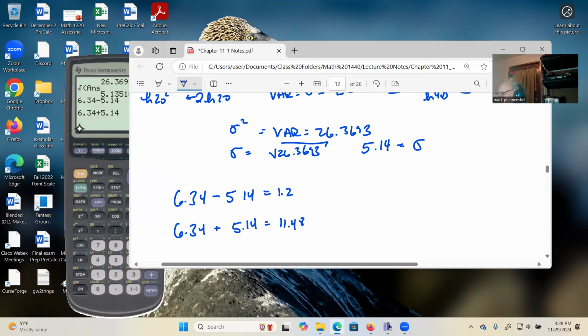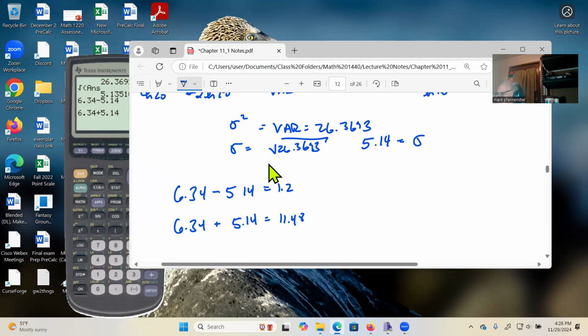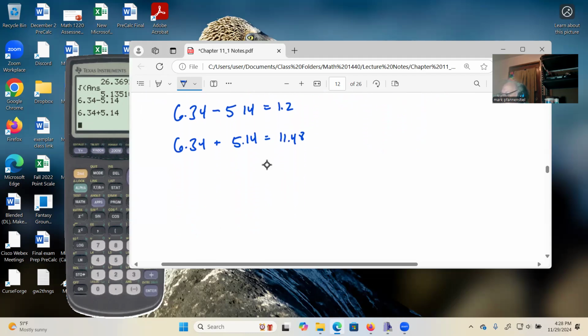Okay, so when I want to figure out the probability that those blood clots are within one standard deviation of the mean, we're going to do this integral between 1.2 and 11.48. But, as a better idea, we're going to go back and ask, what was my capital F of x? This is just the integral of 1 over the natural log of 20 times 1 over x.